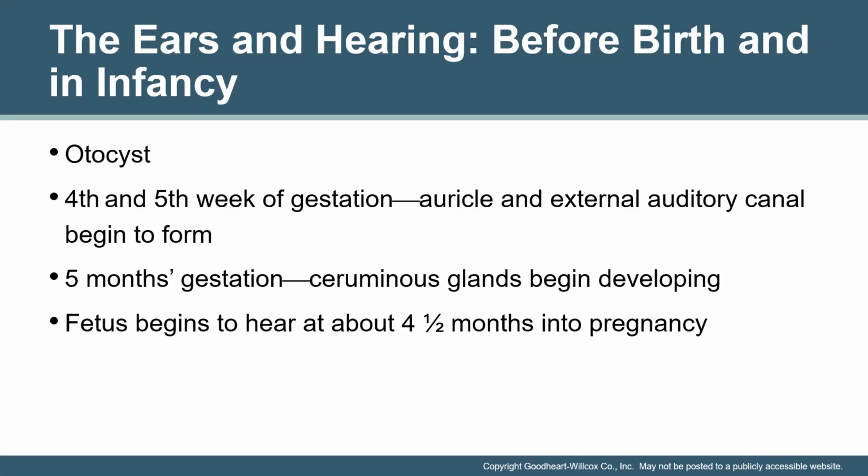Then we have the auricle and auditory canal forming during the 4th and 5th weeks of pregnancy. After birth, the ear and the ear canal will continue to grow until about age 9.